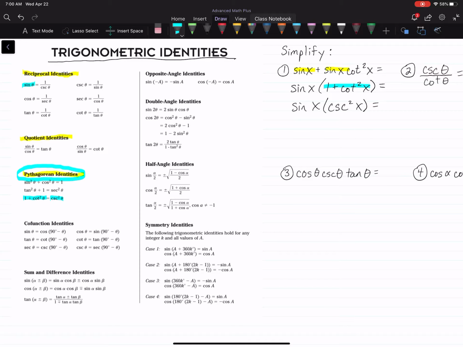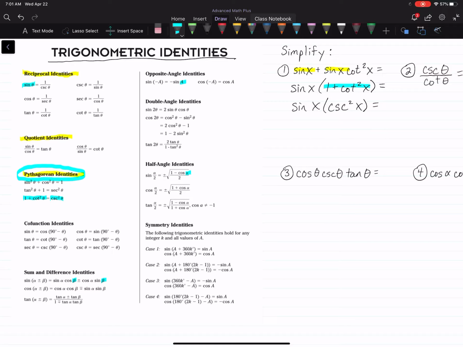In my example problem, we're just using good old x. In the identities, they're using theta for all of them. Sometimes they'll use theta, sometimes alpha, sometimes they just use A, and beta is also one that they use quite a bit. So don't let the difference of the variables mess you up.